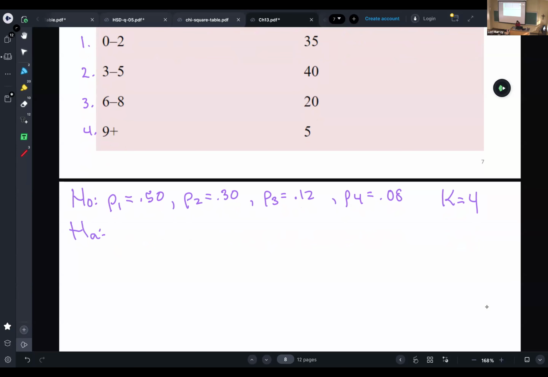Against the alternative, that the proportions are not the same as the faculty perceptions.